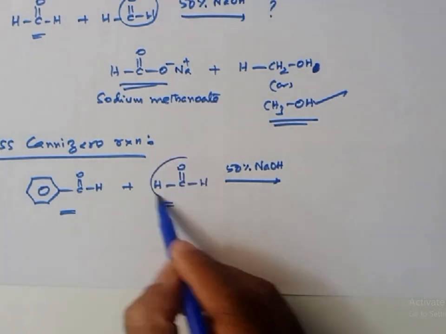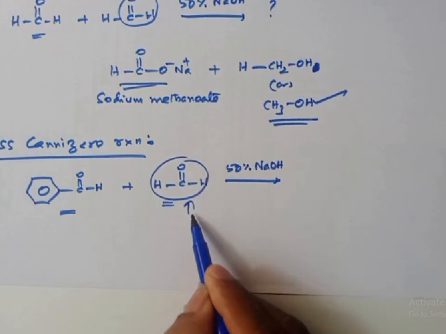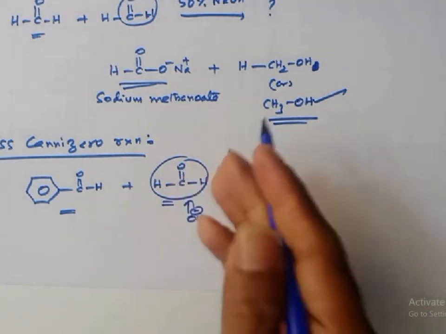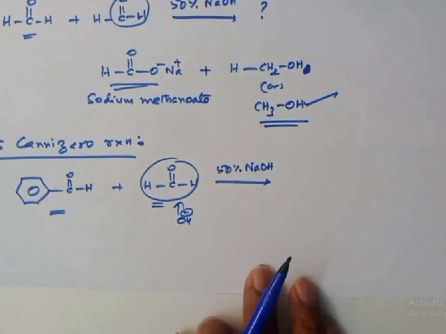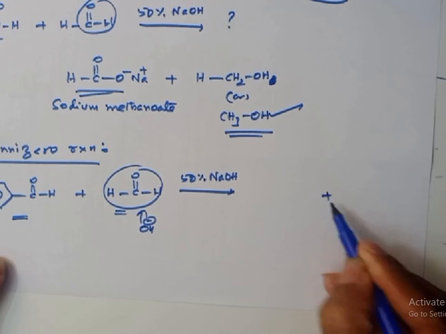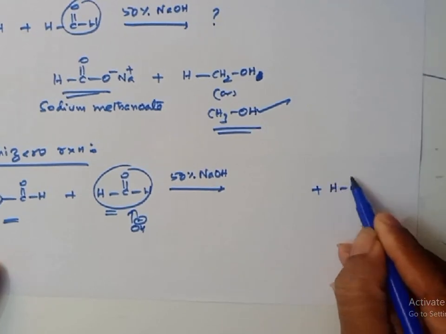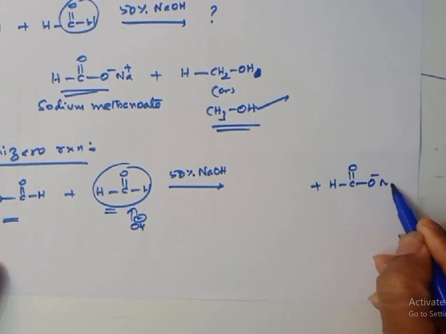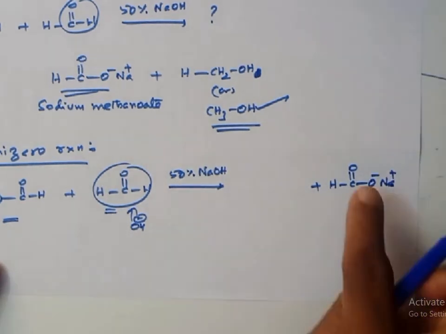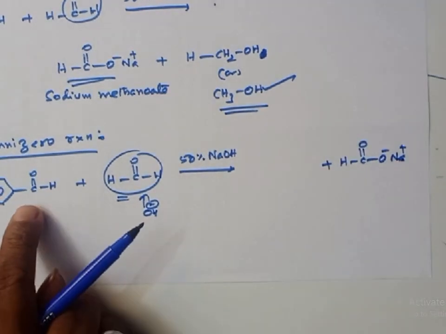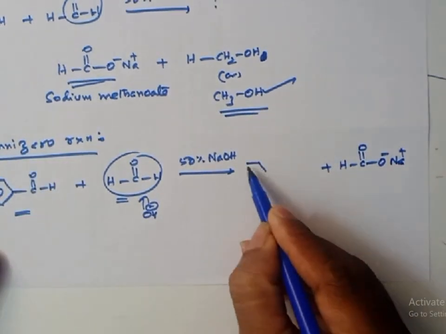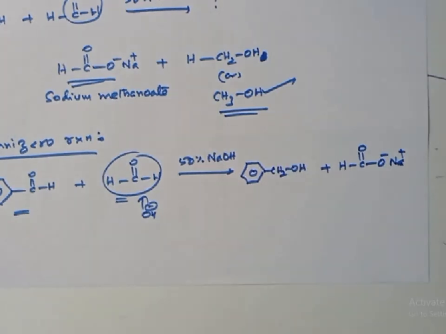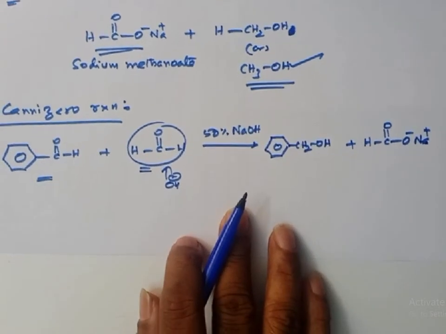So formaldehyde is attacked by OH minus faster. Therefore this will undergo oxidation and become acid. So formaldehyde will form the corresponding acid HCOOH, but since the medium is basic, you will get O minus Na plus. You will get a salt. And the benzaldehyde undergoes reduction, you will get benzyl alcohol. Very simple, student. Take down.